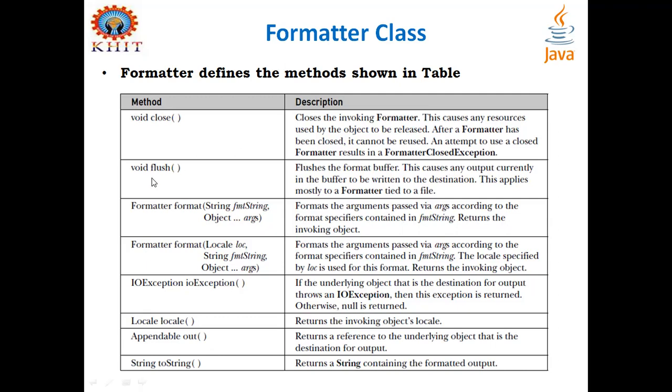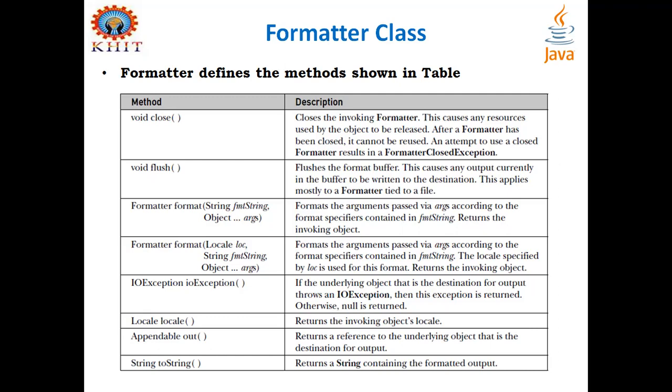Next, flush is one of the functions we already discussed. You may have used it in C and C++ programming. This flush is nothing but a buffer, and specifically here we talk about it as a format buffer. This causes any output currently in the buffer to be written to the destination, mostly to a file.